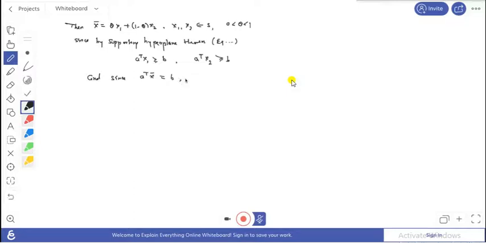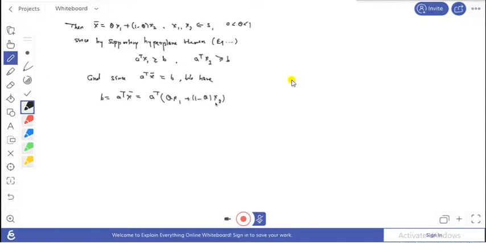So we have B equals A transpose x bar. And what is x bar? It is a convex combination of these points, with 1 minus theta of x2.